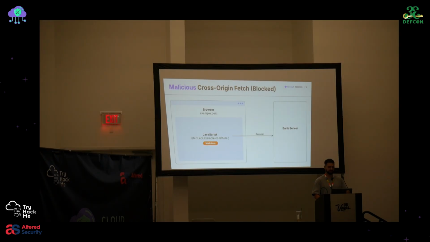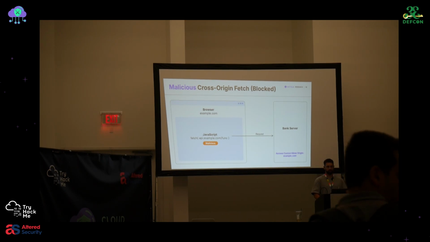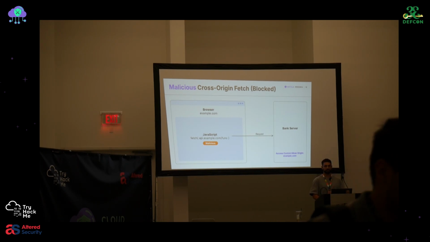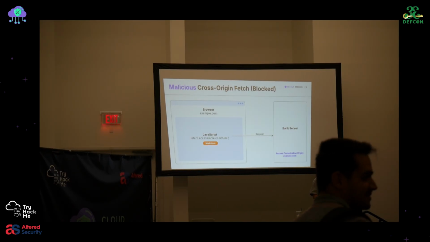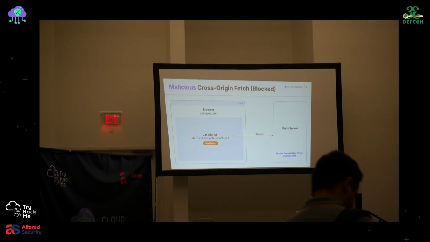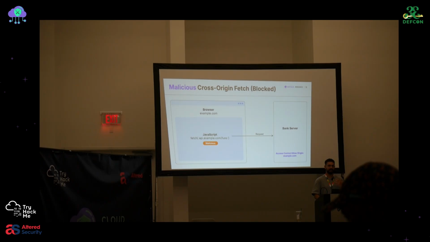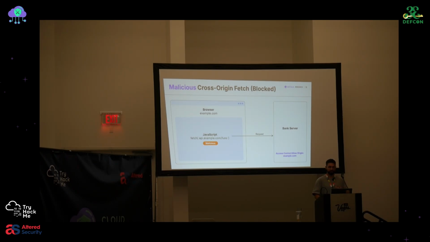What happens here is that the bank server will get the request, check if it wants to allow access to the data or not, and then respond with a special header called Access-Control-Allow-Origin. This header will be an integral part of the attack that I will show later, so keep it in mind. The bank server puts the value of the origin that made the request if it wants to allow access to the data, and if not, it puts an empty value in this response header.